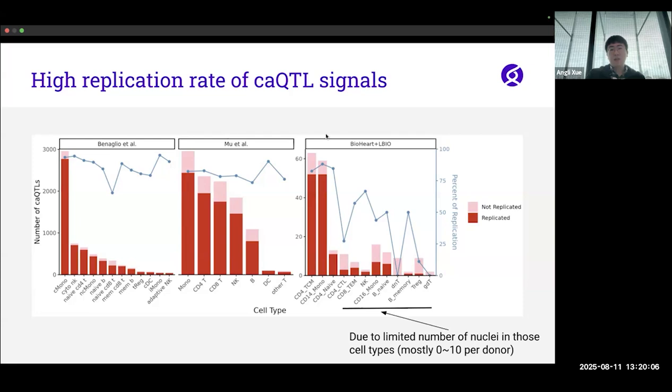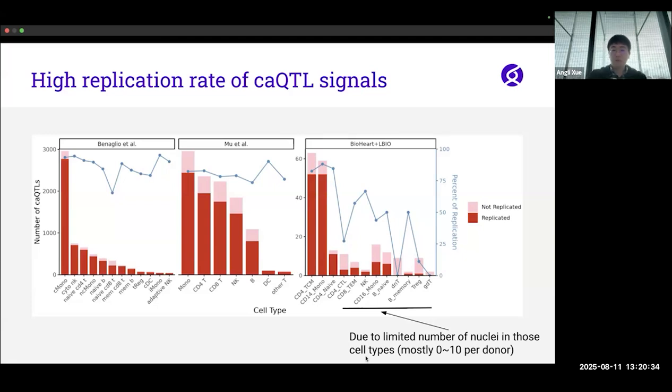We also have our in-house replication cohort. For the abundant cell types, you see a very high replication rate similar to the published study. But for some cell types, replication is low. This is just because we have a limited number of nuclei in these cell types, with less than 10 nuclei per donor, but in the published study, usually they have around a few hundred.